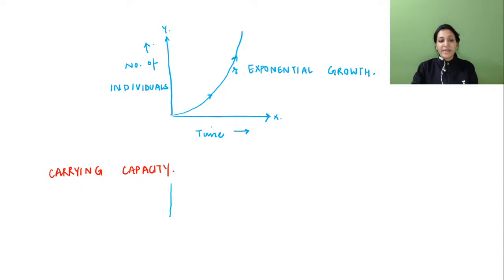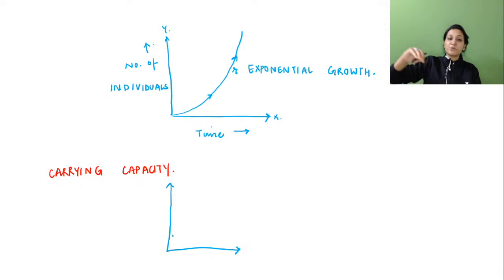What all factors play a role? The neighboring species dwelling together in that environment play a major role. Then the limited food resources, limited shelter, temperature, moisture, all these things play a major role in carrying capacity.